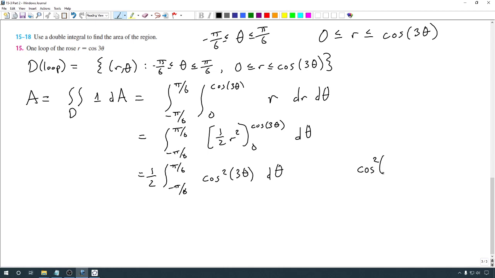So here, if we have cosine squared of some angle, I don't want to use theta just because I want to keep it distinct from that, but let's just say t. Cosine squared of t is equal to 1/2 of cosine of 2t plus 1, if you recall that formula.